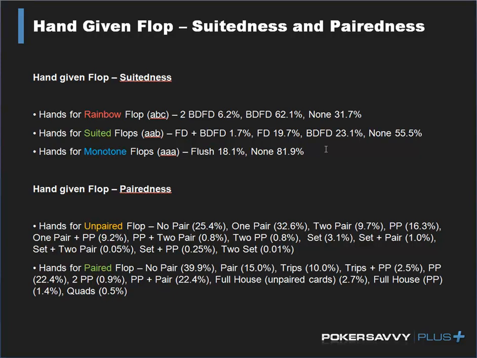So that data can come in useful when you're thinking about what hands besides a flush this guy is going to continue with if I raise, if I c-bet, if I double barrel, and how that impacts whether I can profitably do whatever.